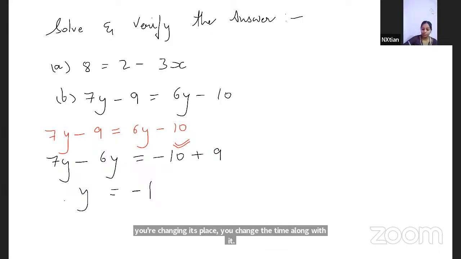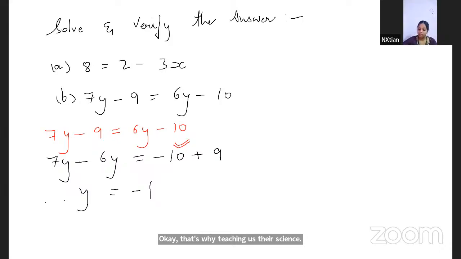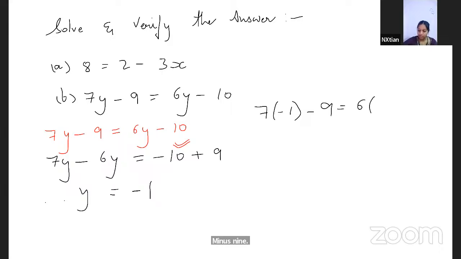Okay, now to the verification part. 7y means 7 multiplied by minus 1, minus 9, equals 6 multiplied by minus 1, minus 10. Ma'am, I'm getting both minus 16. You are getting verified.